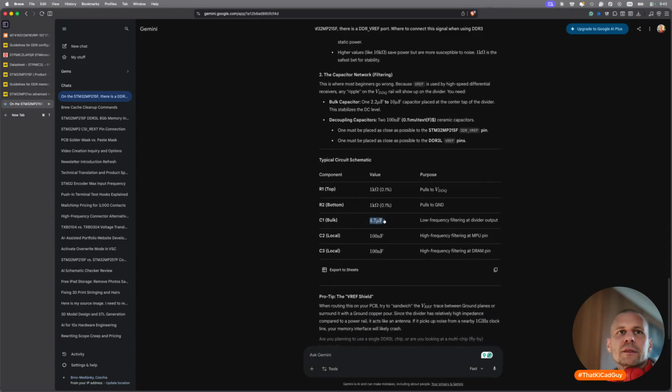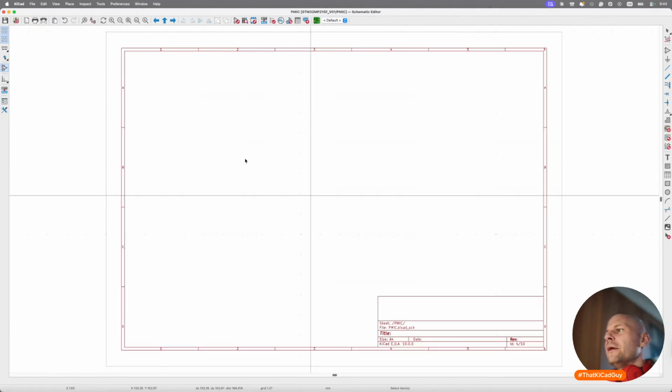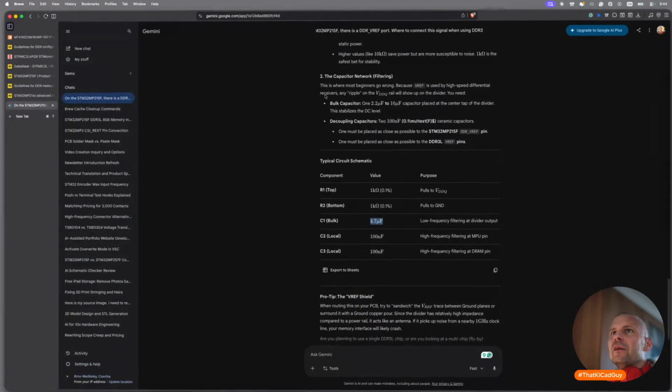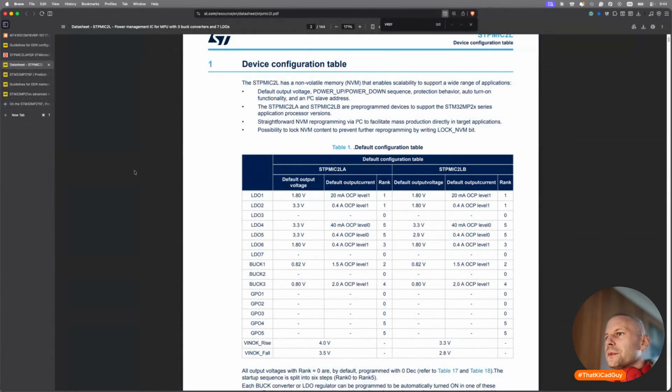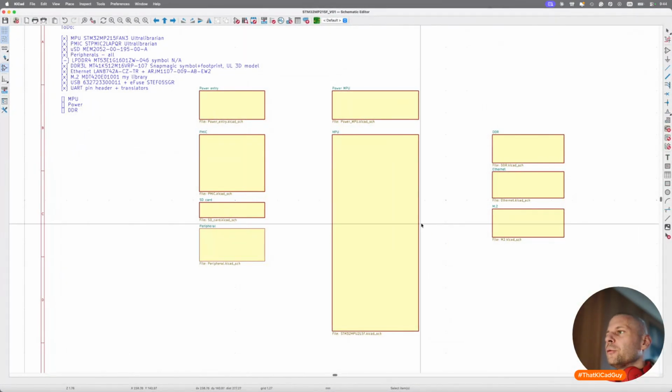Okay, that makes more sense, because our PMIC here, we didn't do it yet, doesn't have a VREF output, and we theoretically can use the LDO7 out, but I don't think it's clever, so we won't do that.